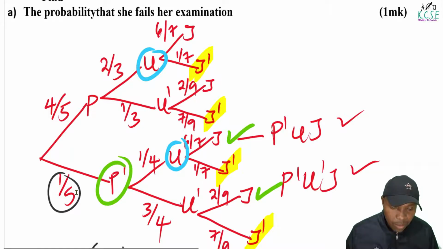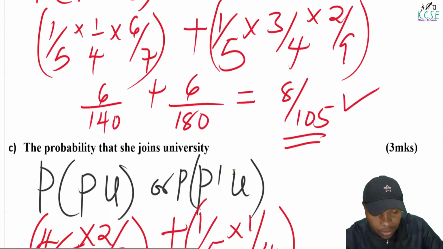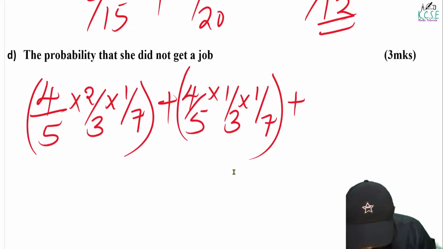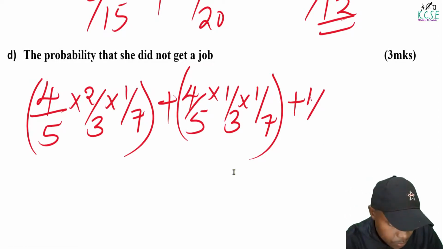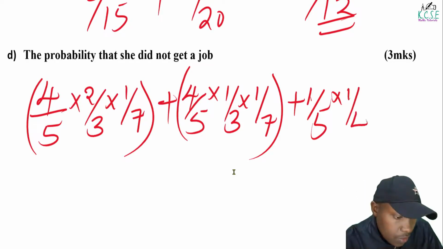So we shall have 1 over 5 times 1 over 4 times 1 over 7. You pick that, the one that I've highlighted in yellow.